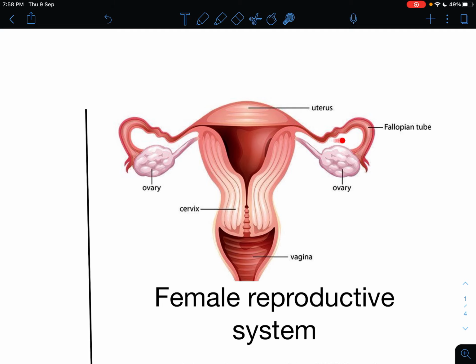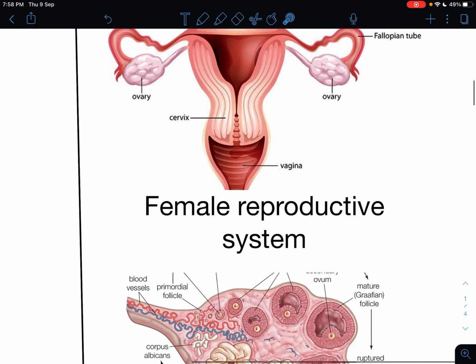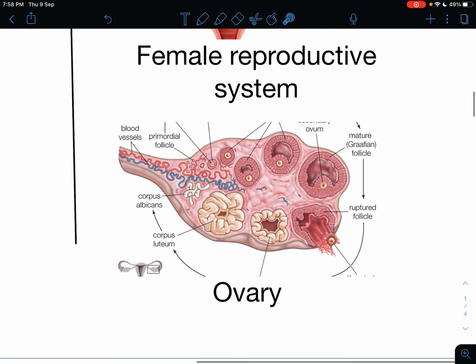If we look at just the ovary itself, this is how the ovary looks. In the ovary, a female would have all of the immature follicles.